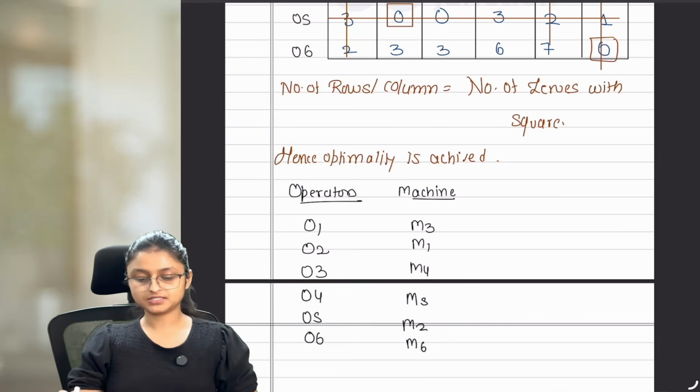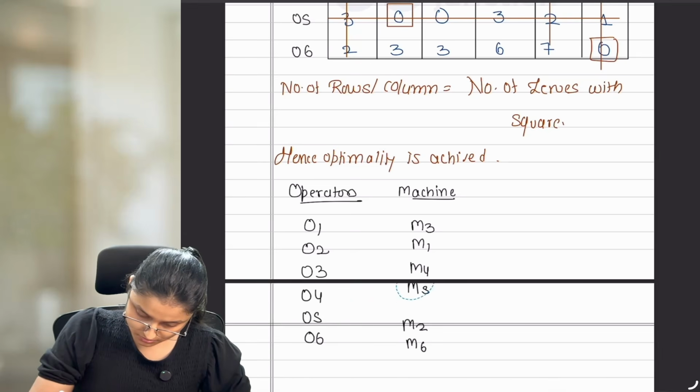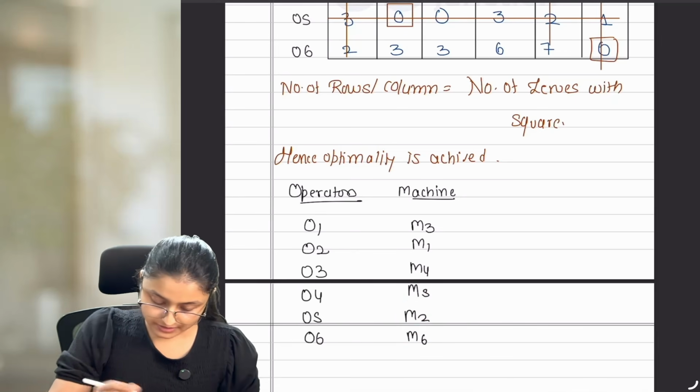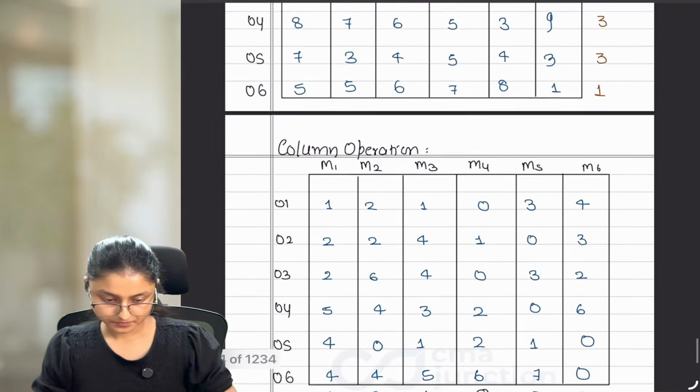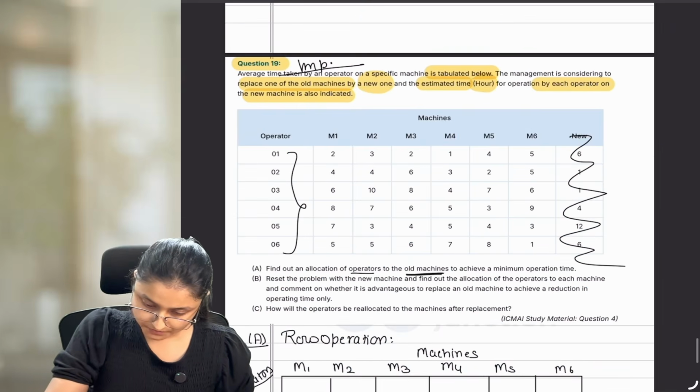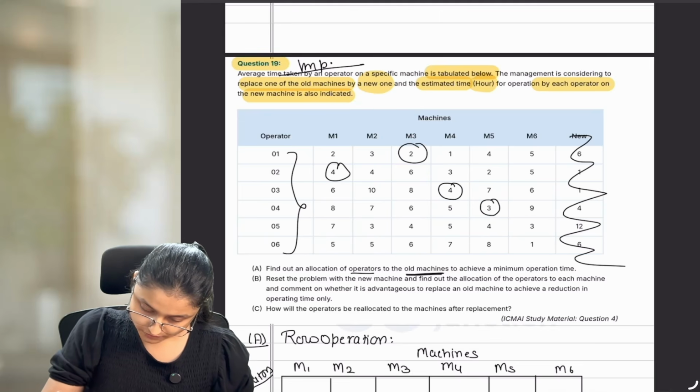Okay? This is our allotment. Now let's write the values of these allotment. 3 1 4 5 2 6. So this is our 3, then 1, then 4, then 5, then 2, then 6.